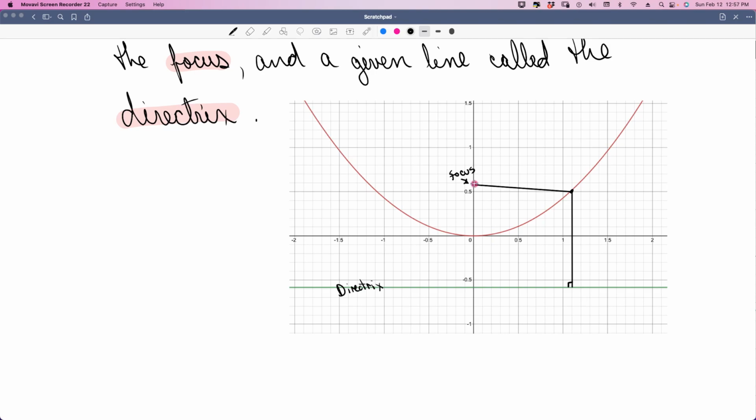And it doesn't matter where on the parabola, whatever point you choose, it is going to be the same distance from this point to the parabola as it is from a perpendicular line from the directrix to that same point on the parabola. So from the focus to the parabola to the directrix, that perpendicular line there, those are going to be the same length. Those are going to be congruent.